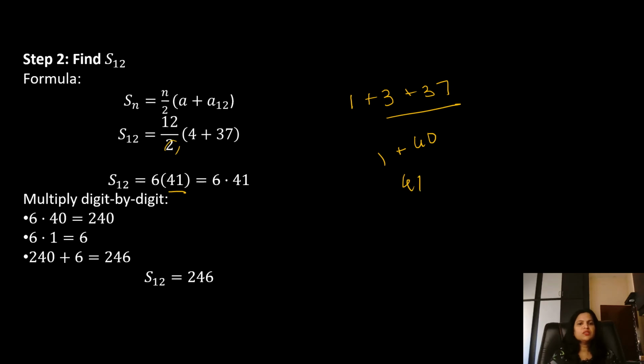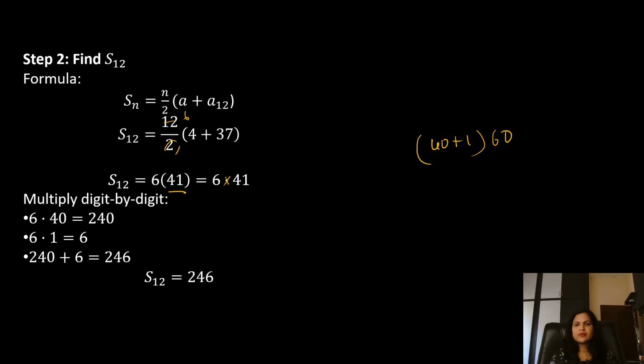So 2 ones are 2, 2 sixes are 12. That's why 6 into 41. To multiply this, 6 into 41: split that 41 into 40 plus 1, and multiply by 6. 6 fours are 24, then 0 plus 6 ones are 6.